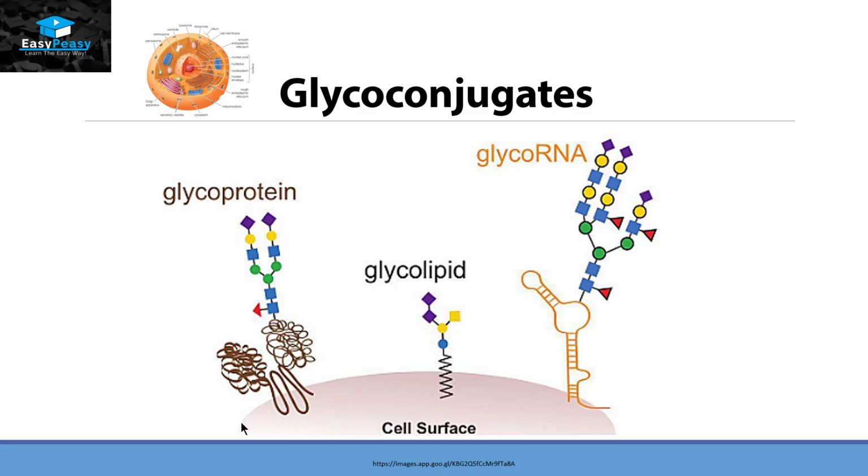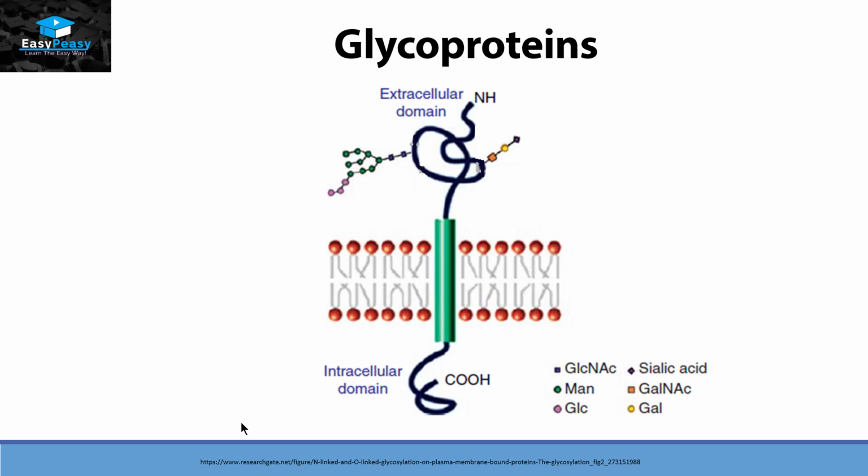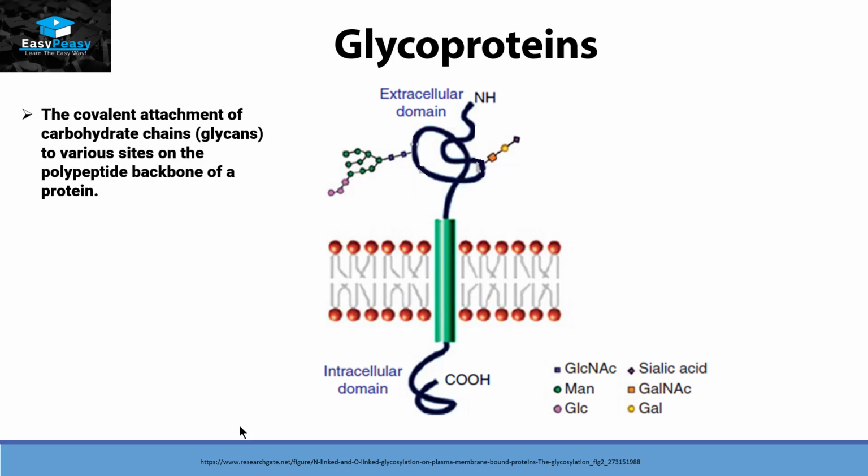So the first glycoconjugate that we are going to talk about is glycoproteins. In glycoproteins, oligosaccharides covalently attach themselves with the polypeptide chain. The most common amino acids that are involved in the attachment are serine, threonine, and asparagine.